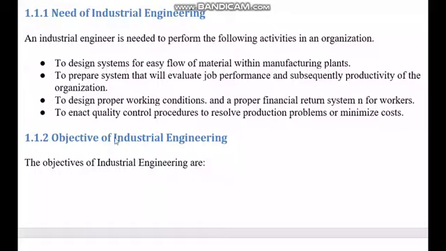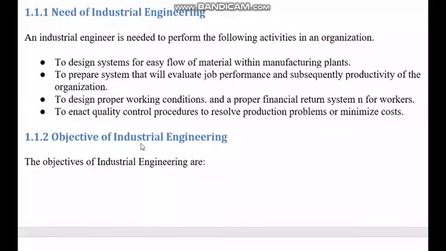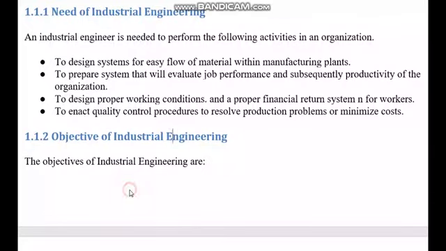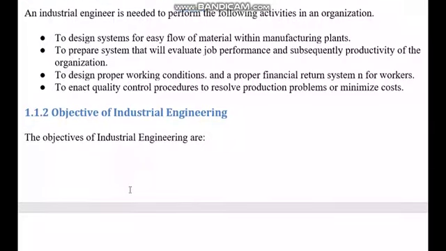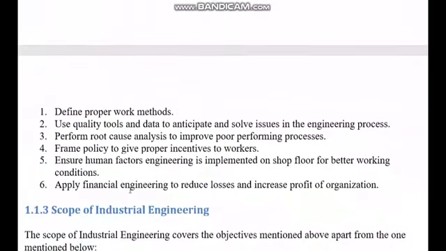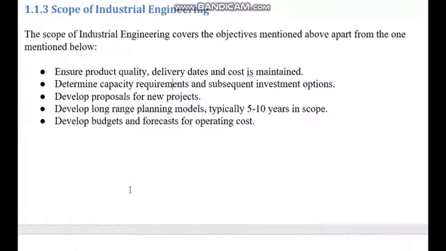Okay, now let us see the objectives of industrial engineering. The objectives of industrial engineering are, here some 6 objectives are given.